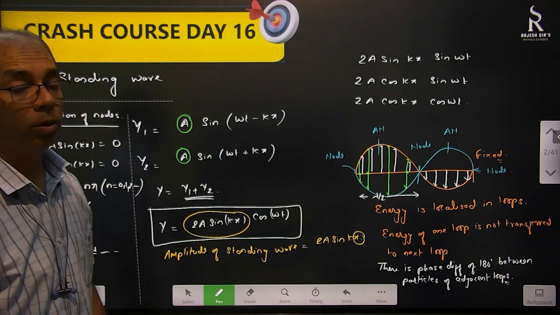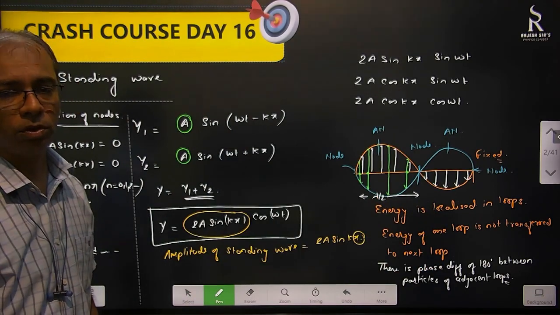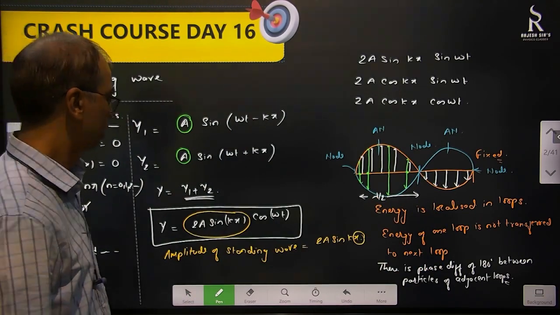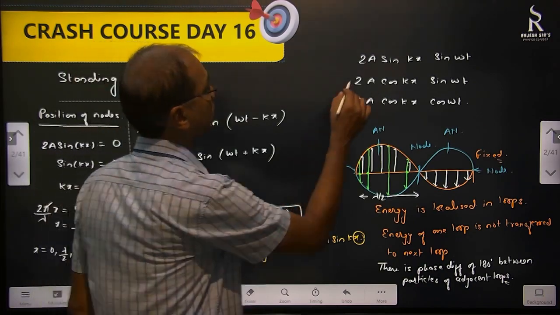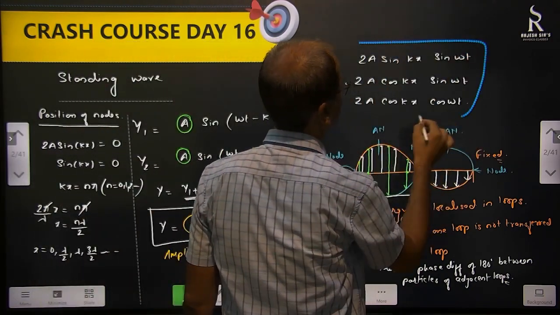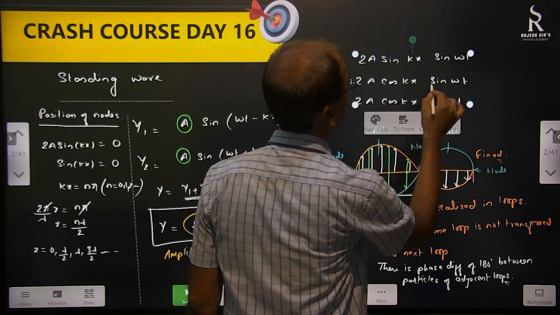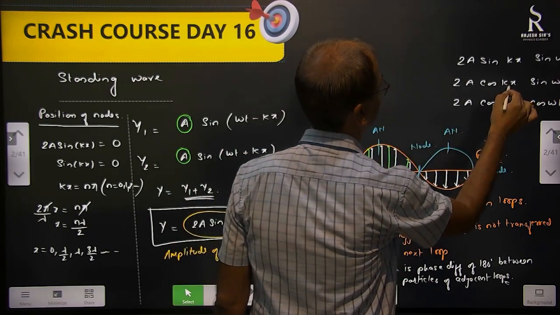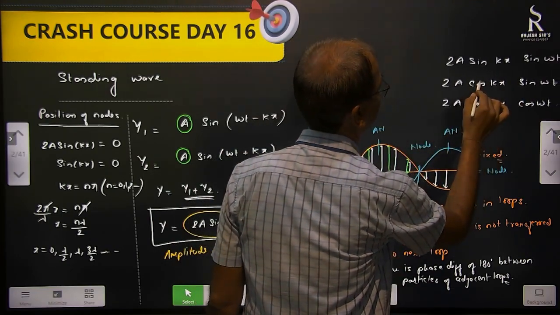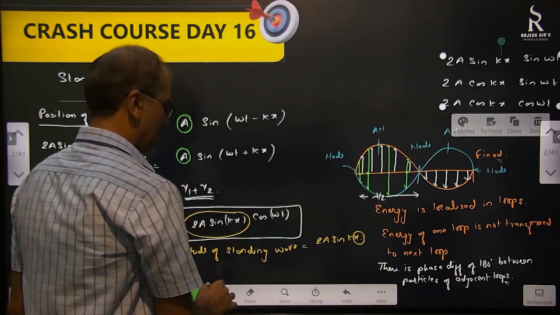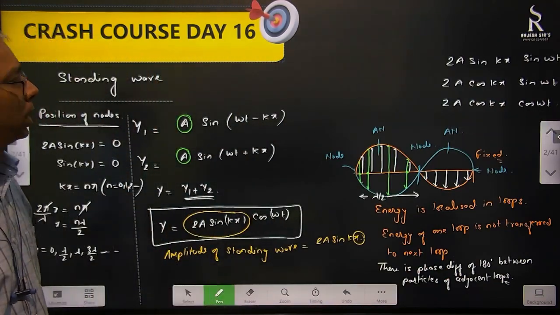Okay, then what about antinode? That also we should know. So antinode also we will do. Let's see. This one we will shift. All right. Are you able to see them?